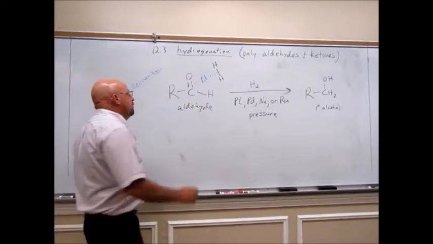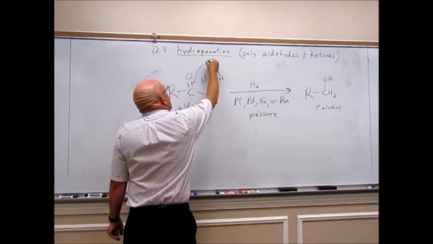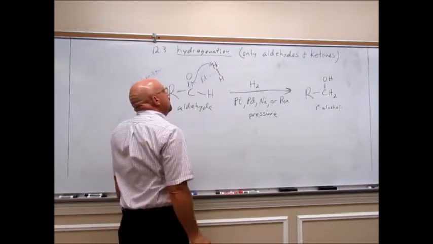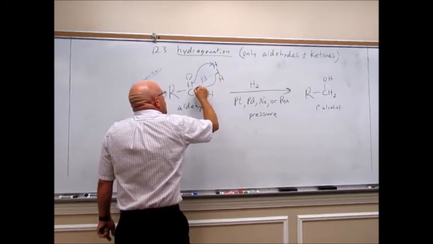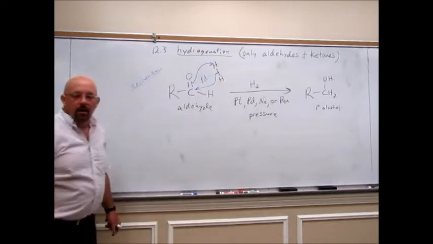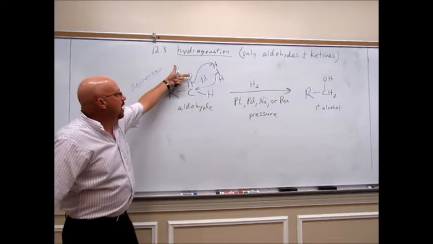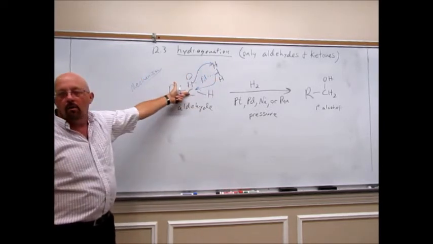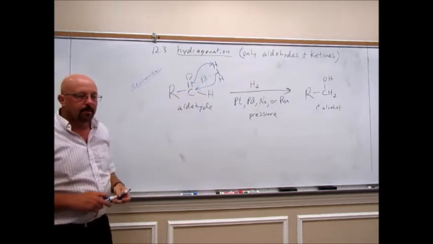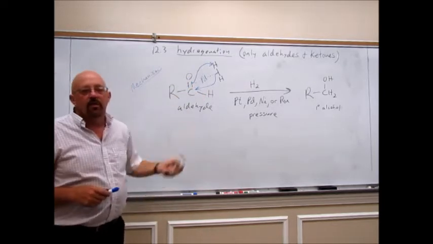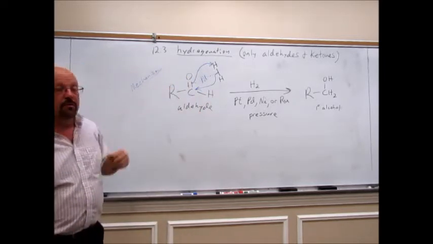Our mechanism is we're going to take a pair of electrons out of the double bond to come out and grab one of those hydrogens. And then the electrons in the hydrogen-hydrogen bond, they're going to go with that hydrogen and go to the other end of the double bond. So one hydrogen is going to the oxygen, one is going to the carbonyl carbon. And that gives us our product. So the same thing would happen with a ketone. So we can reduce aldehydes and ketones by hydrogenation.